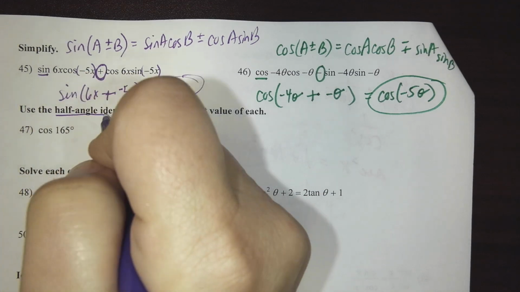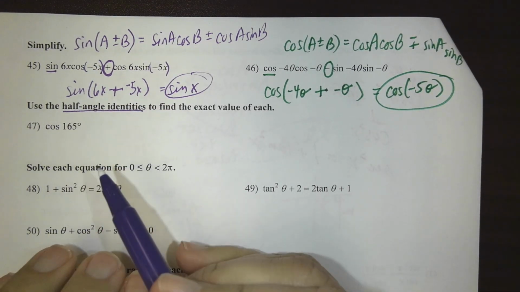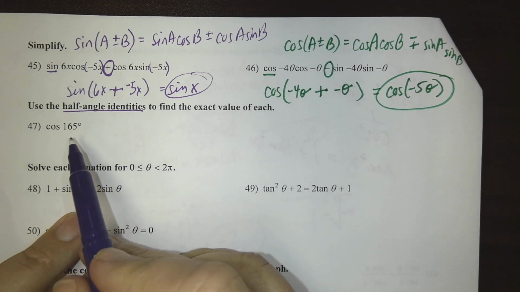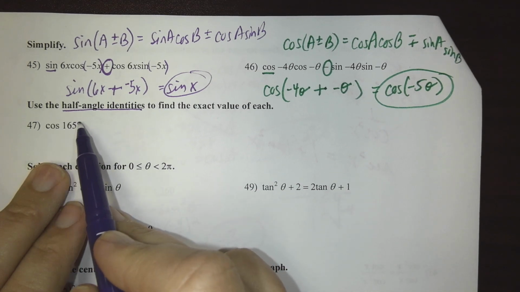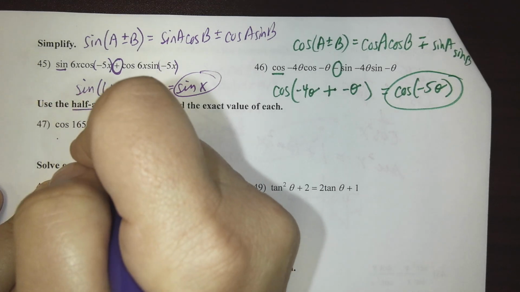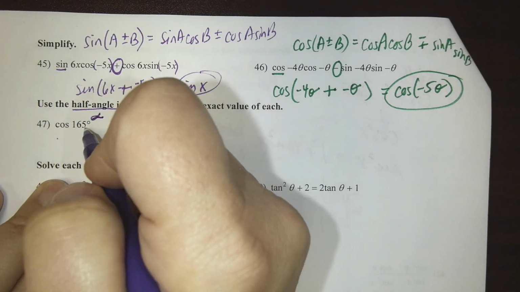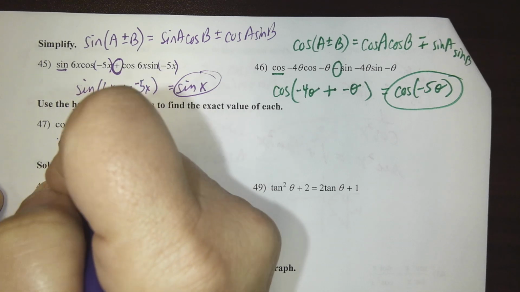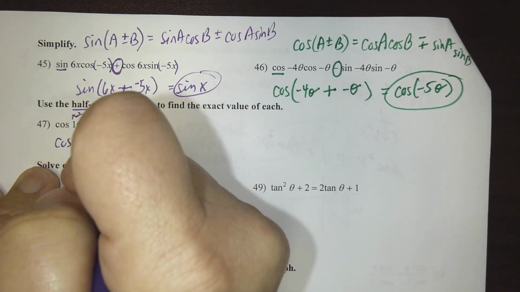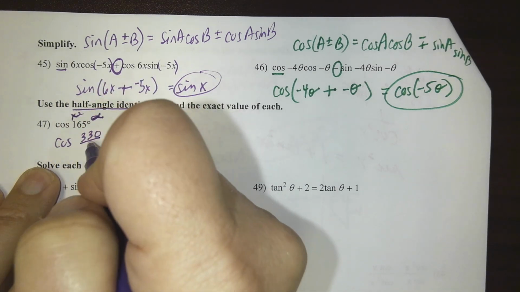Half angle identities, you need to write down the cosine half angle identity. So first thing you do is actually multiply this by 2. So this would be your theta, well actually we call it alpha. You're going to multiply it by 2, and rewrite it as 330 over 2, which is 165 times 2 over 2.